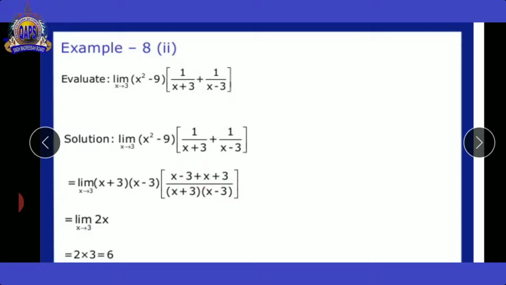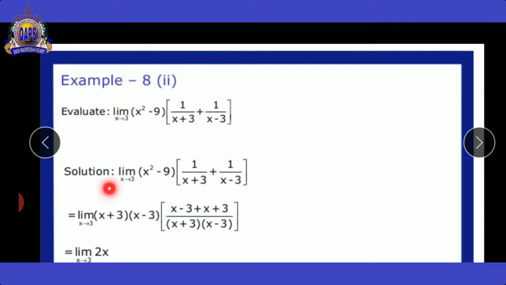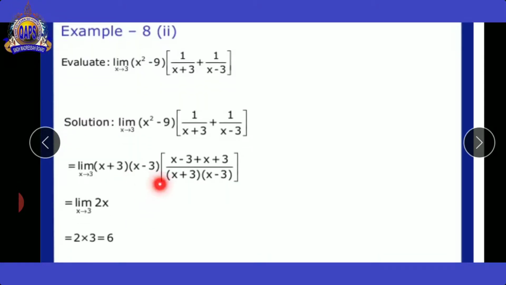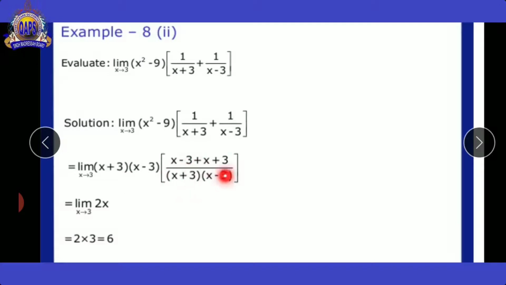here. Now x square minus 9: we apply the difference of two squares formula, a square minus b square becomes a plus b and a minus b. So the same formula creates 2 brackets, x plus 3 and x minus 3, and x plus 3 and x minus 3, and both are cancelled by each other.